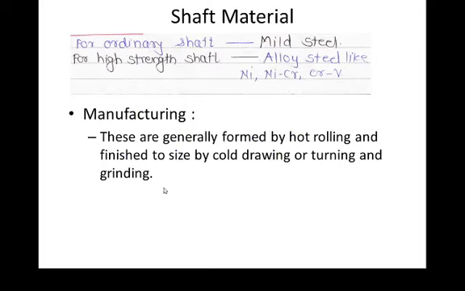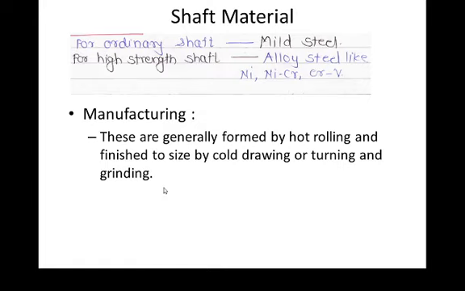Then there are different types of materials available for shafts. Ordinary shafts are generally manufactured using mild steel, and for high strength in heavy duty applications like vehicles we use alloy steel like nickel chromium, chromium vanadium, nickel vanadium. Different shaft materials are used depending on the strength requirement.